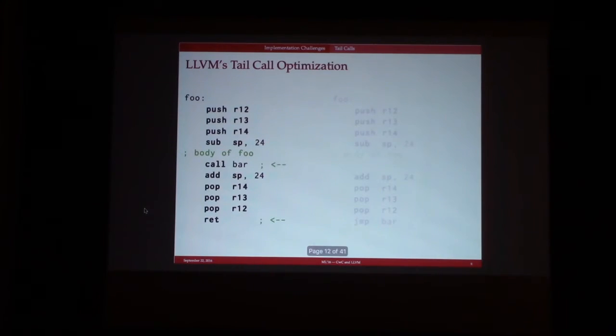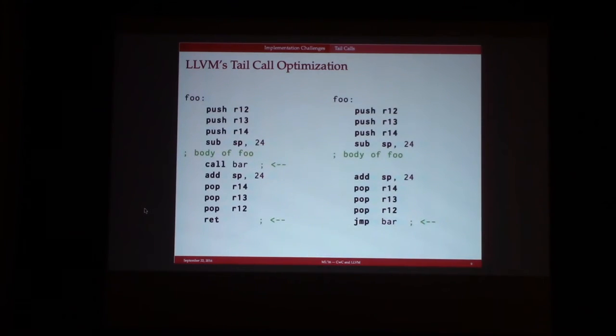Okay. So, now what if foo were made a tail call to bar instead of doing a non-tail call? Well, that would mean that there's no body of foo right after this call, and all we have here is this epilogue. So what LLVM's tail call optimization, at least the guaranteed one, tends to always produce is code that looks like this. And this is rather kind of silly because we push all this stuff on the stack, we execute bar, and then we just pop all of this off.